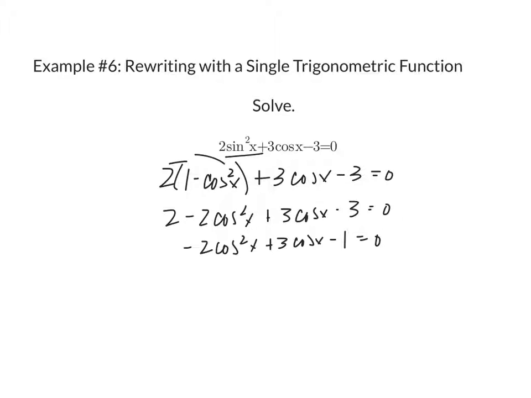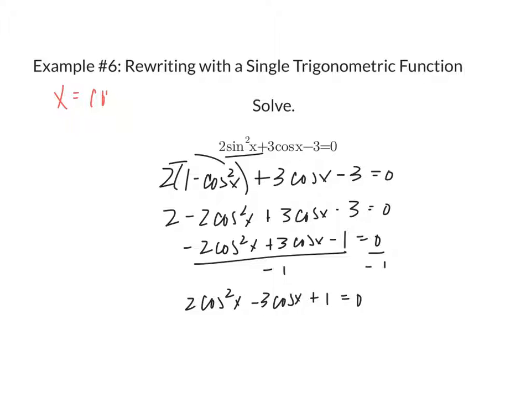I don't really like to start the AC process off with a negative a value, so I'm going to divide this whole thing by negative 1. So I'll rewrite it as 2 cosine squared x minus 3 cosine x plus 1 equal to 0. From there, every time I see a cosine x, I'm going to write an x.